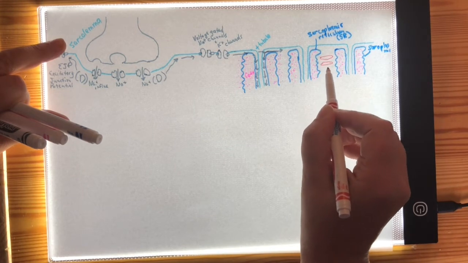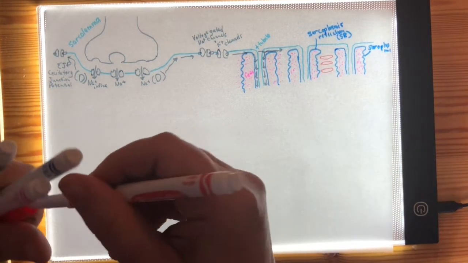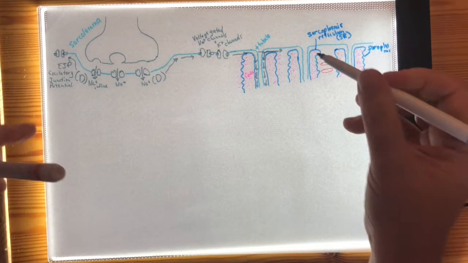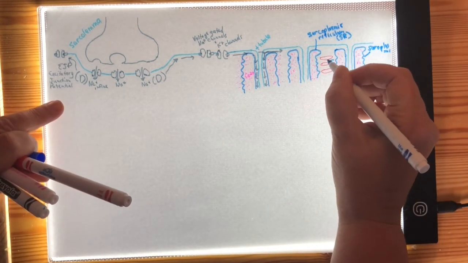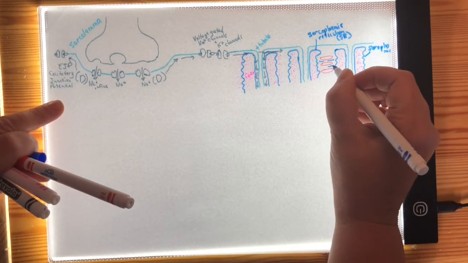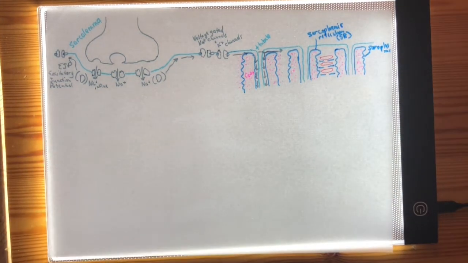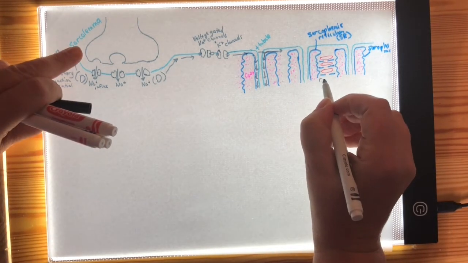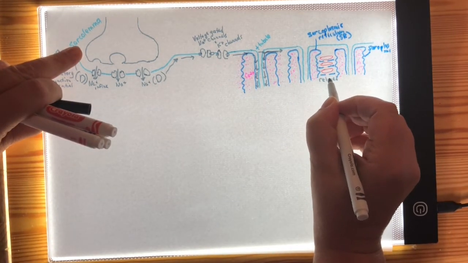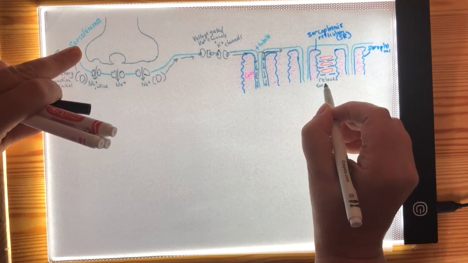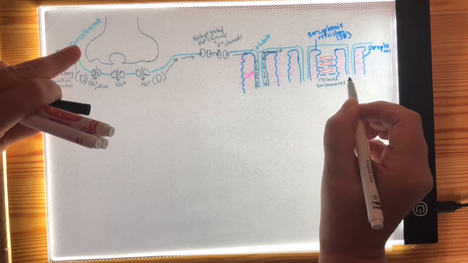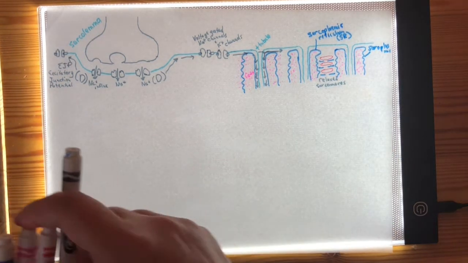Now, in this case, we're drawing it such that the last two T-tubules have not yet experienced a charge change. They have not yet experienced an EJP. So in this case, we're going to draw the several thick filaments and thin filaments, some sarcomeres, that have not yet contracted because they haven't experienced the charge yet.